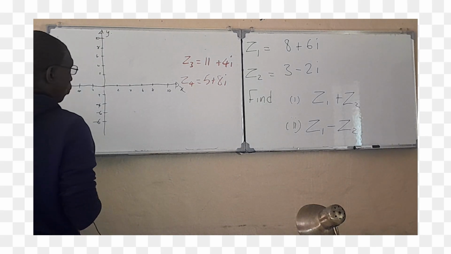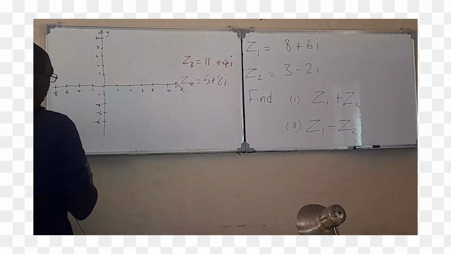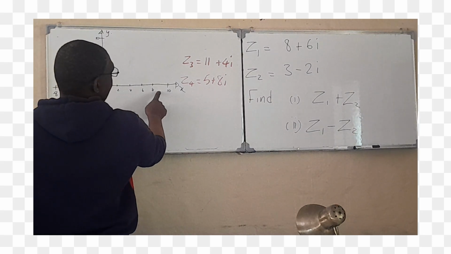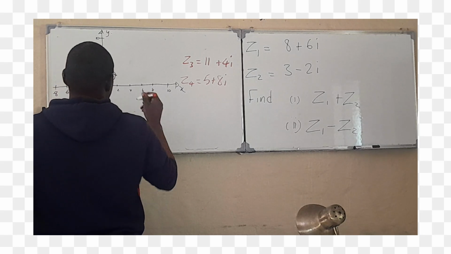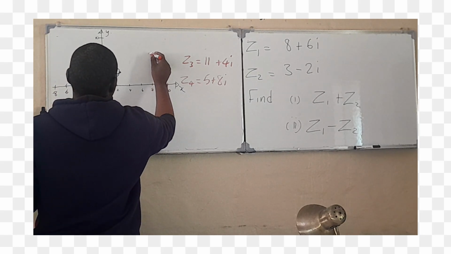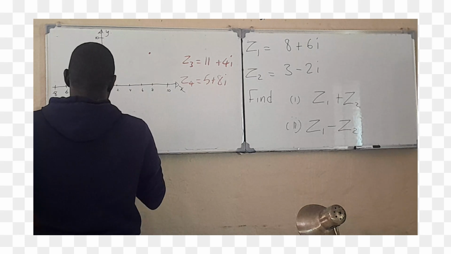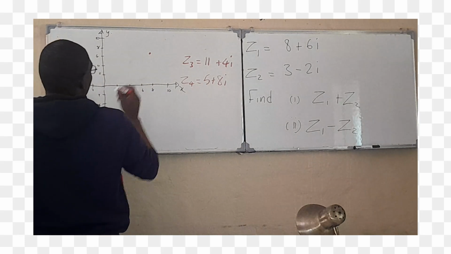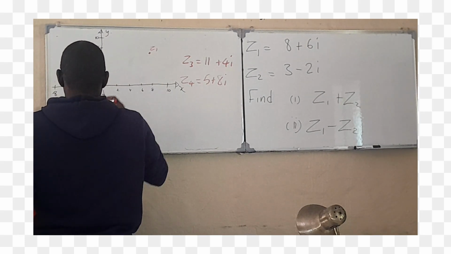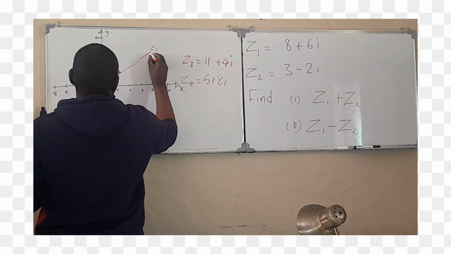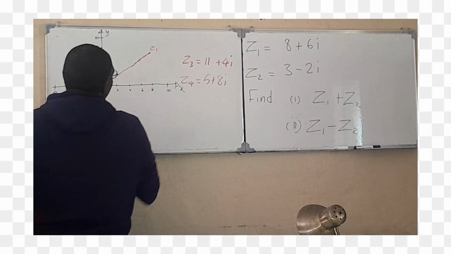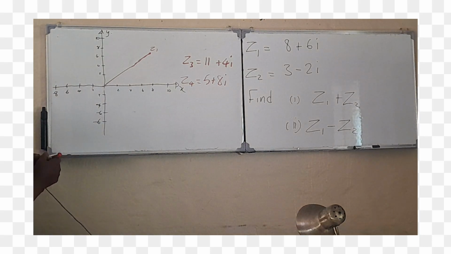Where do we plot Z1? Z1 will plot 8 along the real axis and 6 along the imaginary axis. So my point representing Z1 will be somewhere there. So this will be my Z1. What about my Z2?